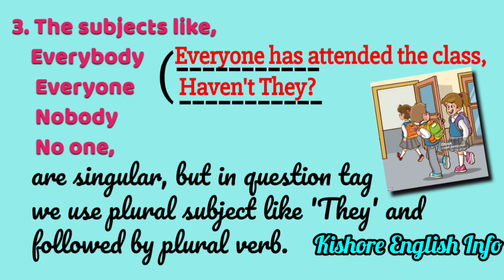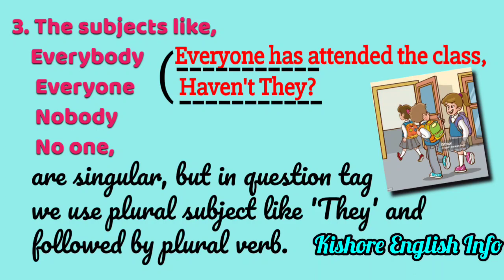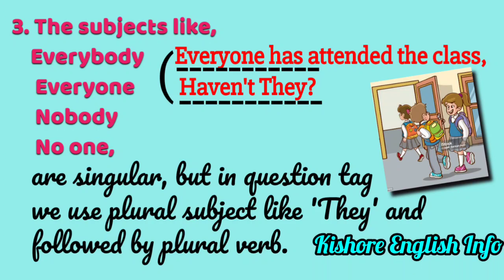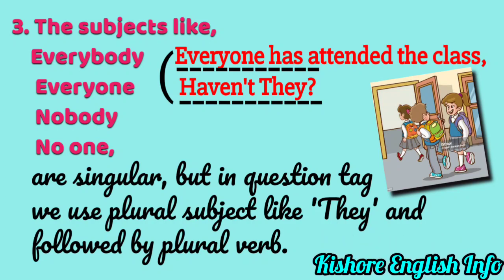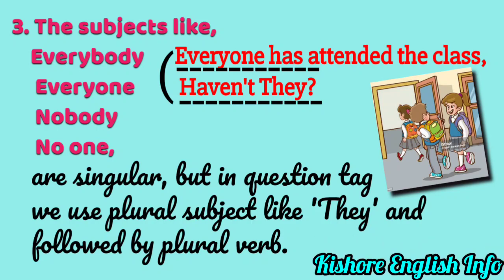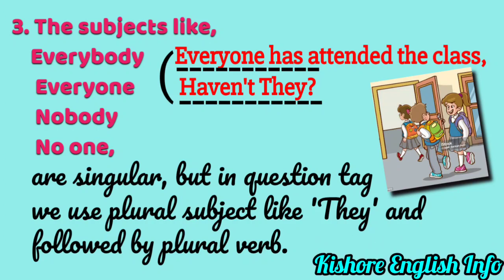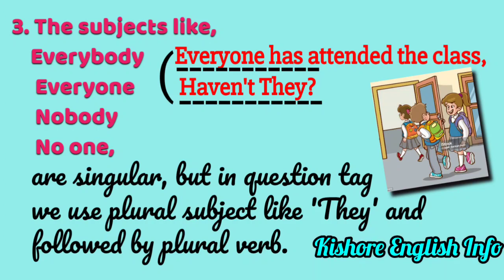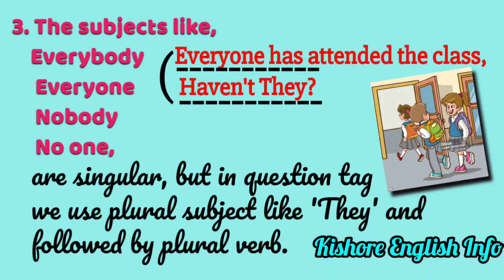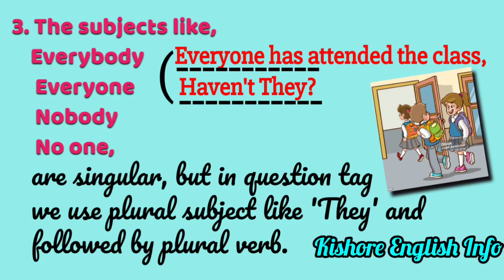Now, an example. Everyone has attended the class. Everyone is singular, as we have discussed. And if we observe the question tag, it is in plural form: haven't they? Everyone means individually we are asking everyone, but we make the question tag in plural form, so we use haven't they. Since we are using they in place of everyone, we must use the helping verb in plural form also.